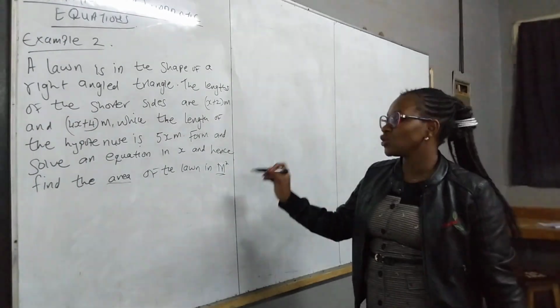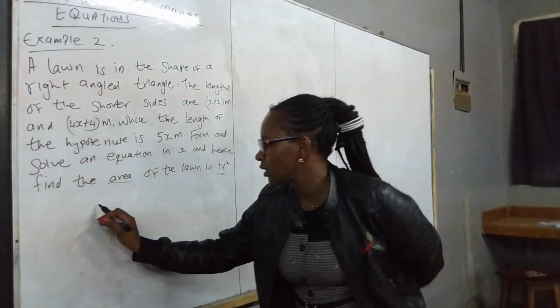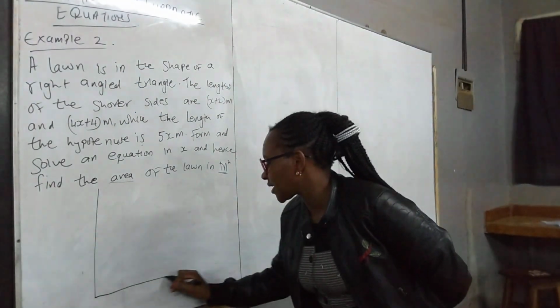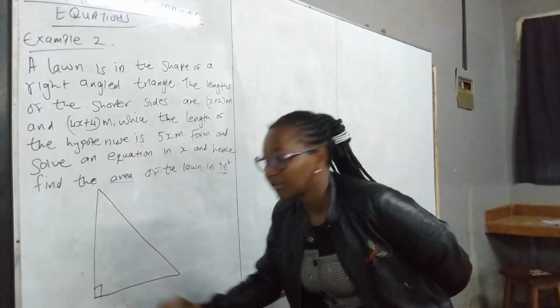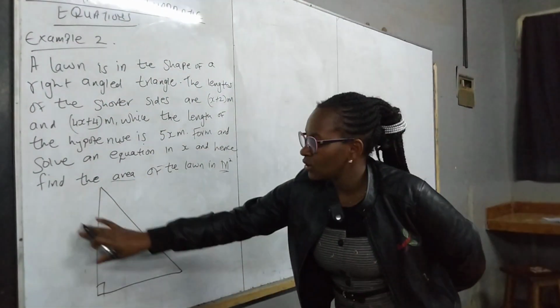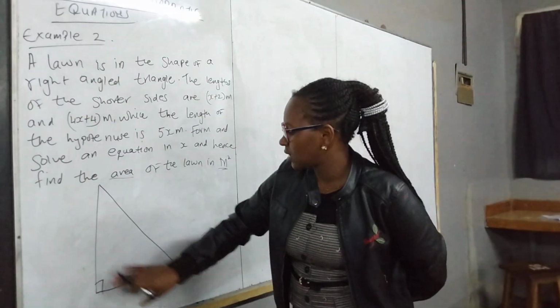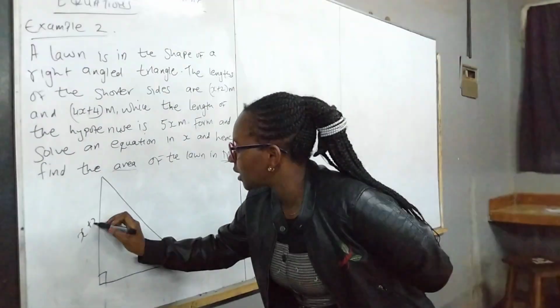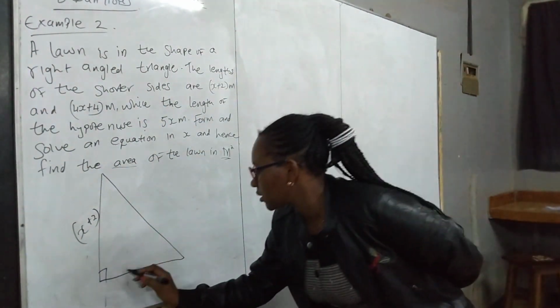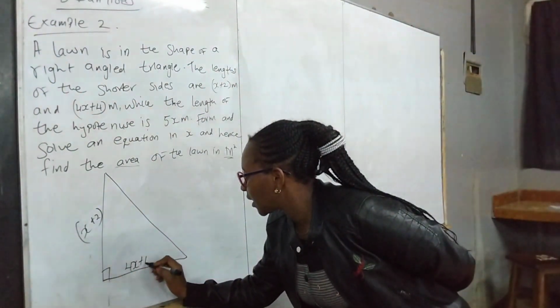So in this part now we need to make a sketch of our triangle, and that is our right-angled triangle. Here we have 90 degrees. These are the short sides. One of them is x plus 2. The other one is 4x plus 4.